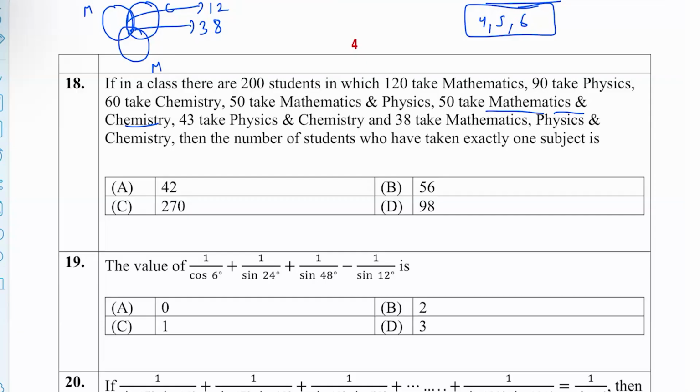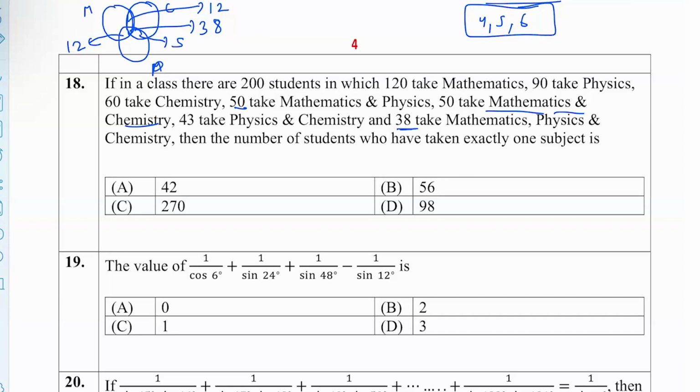In the same way, maths and physics: how many are taking maths and physics? 50. But again, the common is 38. So here, 12 will come. Then physics and chemistry: how many take physics and chemistry? 43. 38 is already here. So here how many will there be? 5.